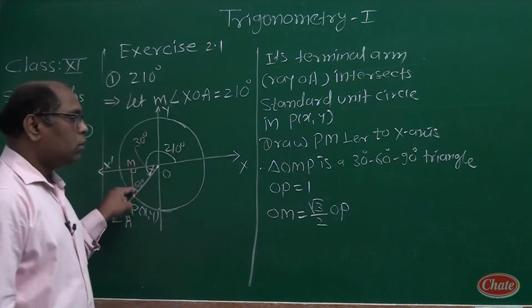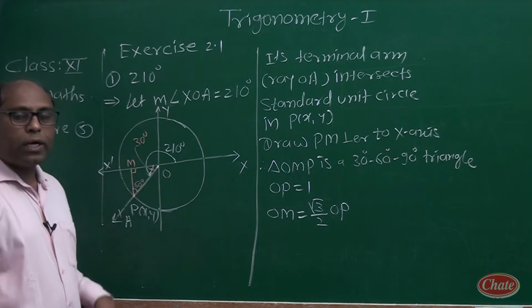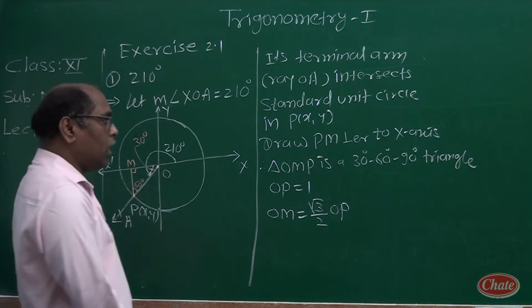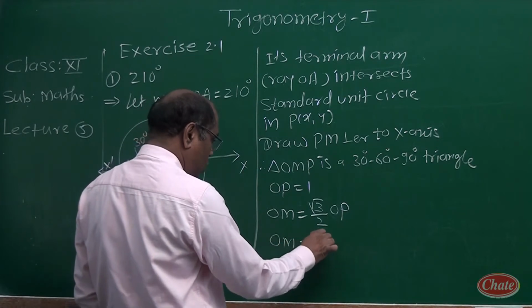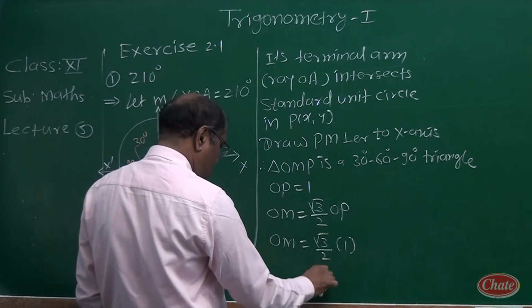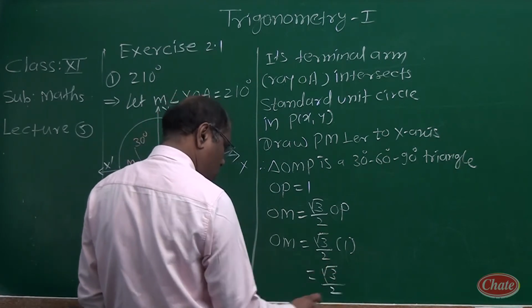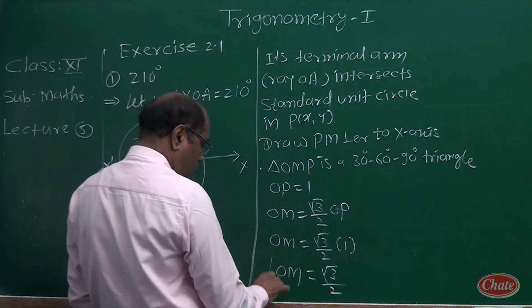OP is equal to 1, so OM is equal to root 3 by 2 into 1, that is root 3 by 2.